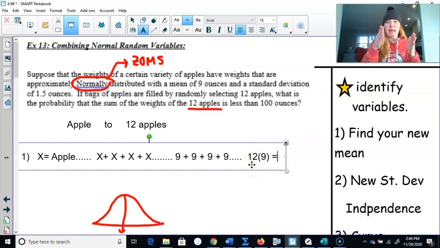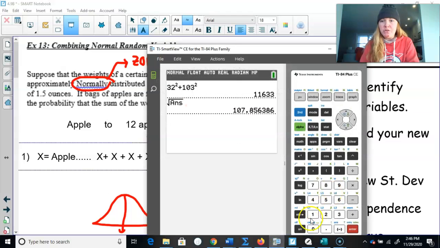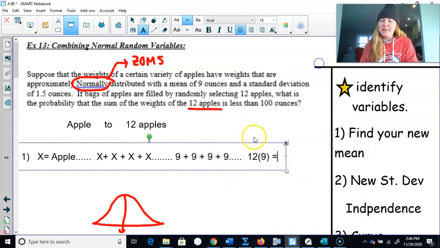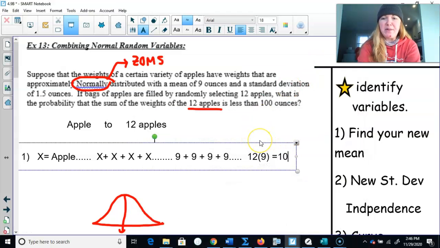I'm literally taking an apple plus an apple plus an apple 12 times. I'm combining 12 apples together. So it's just easier to do 12 times 9. Let's do 12 times 9 right now. I'm sure some of you could quickly do it in your head. I'm sorry, I just don't want to make a mistake on video by doing math too fast. 108 ounces.